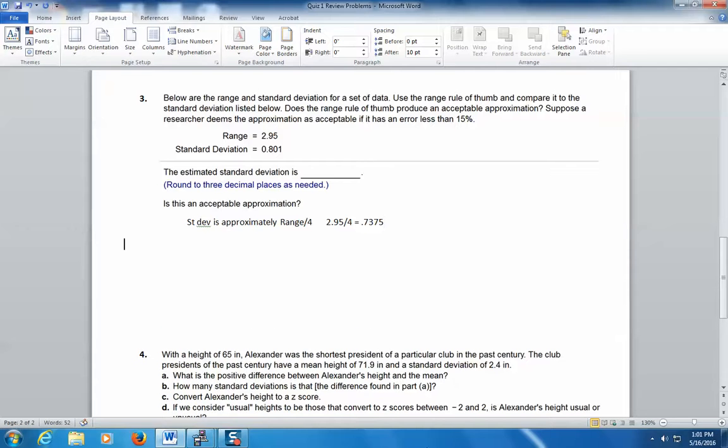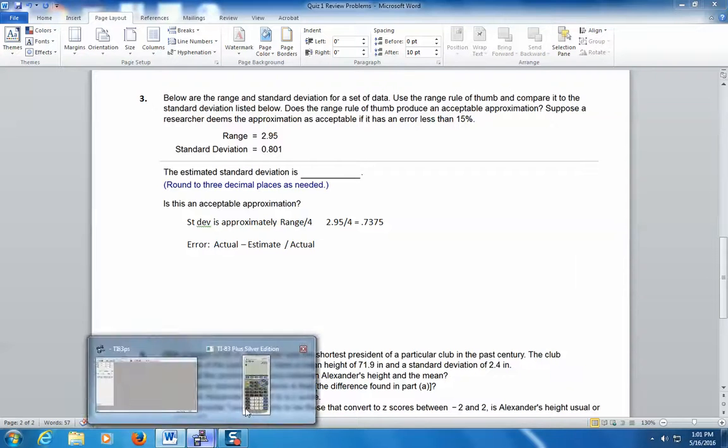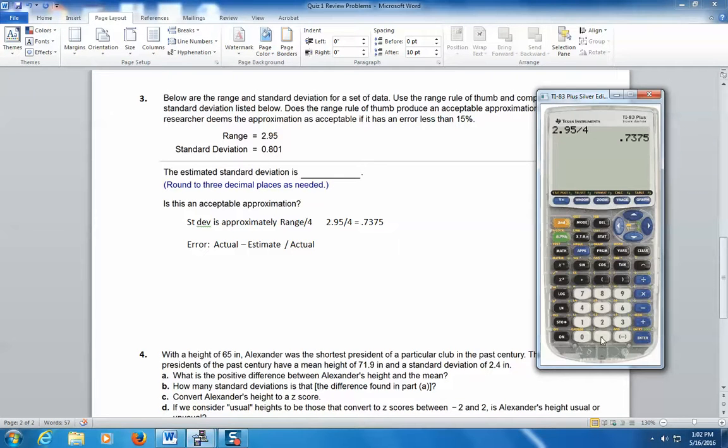If you want to know if that's within the 15%, the error is you take the actual minus your estimate and then divide that number by your actual. And that will tell you what percent error you have. So let me do that on the calculator. The actual value was 0.801 minus the 0.7375.